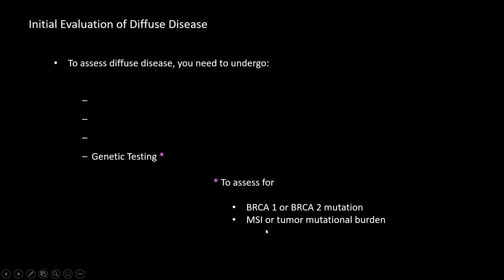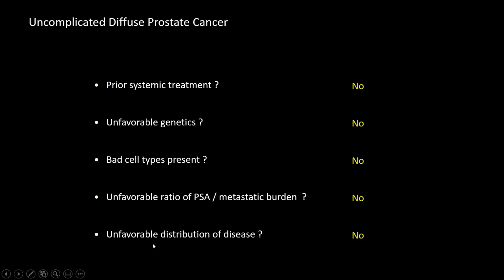And the other reason we get genetic testing is to assess for microsatellite instability or tumor mutational burden, because these things can be used to determine if you can treat a patient with various forms of immunotherapy.